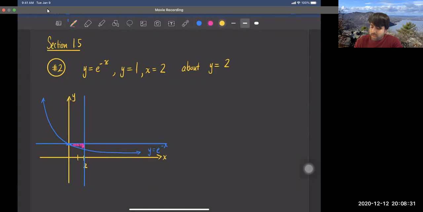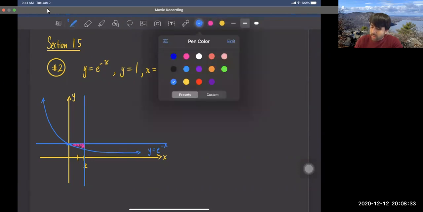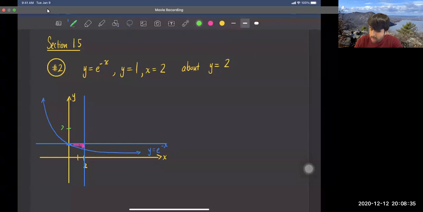And where am I rotating this around? I'm rotating this around this axis. This is my axis of revolution, y equals 2, right? Now I'm going to rotate this.